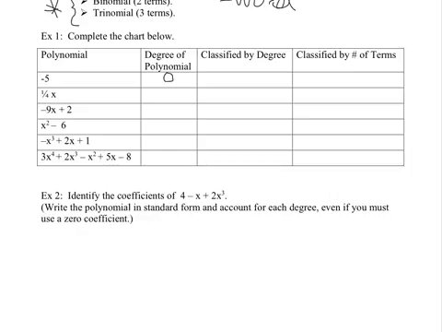It doesn't have any exponent. 1/4 x, the degree is just 1. -9x + 2: on the x, the exponent is just 1, so there's your degree. x squared minus 6, the degree is 2. Opposite of x cubed plus 2x plus 1, the degree is 3, because that's your highest exponent. 3x to the 4th plus 2x cubed minus x squared plus 5x minus 8, the highest exponent is 4, so that's your degree.